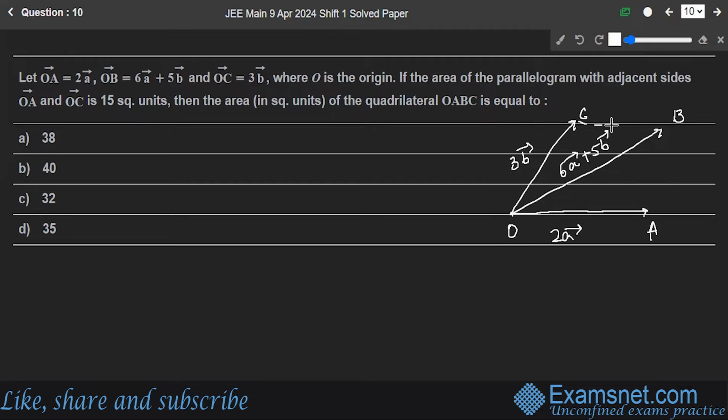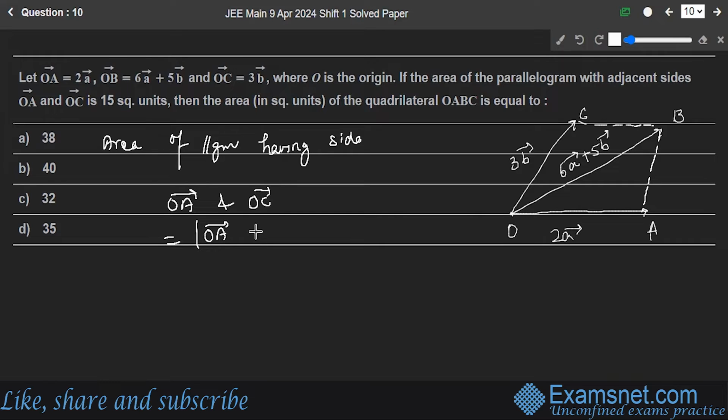Now you're given that OABC is a parallelogram. So let's make this as a parallelogram. Okay, it doesn't look like it, but it is a parallelogram. Now, the area of the parallelogram having sides OA and OC will be given by the cross product of these two.